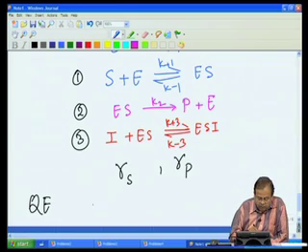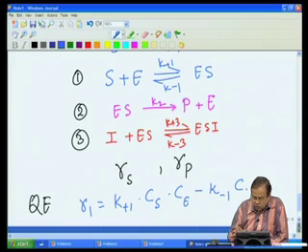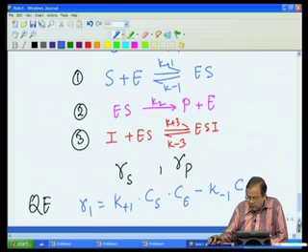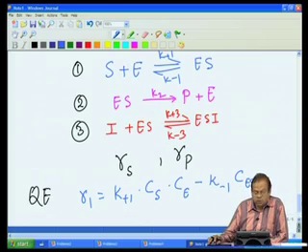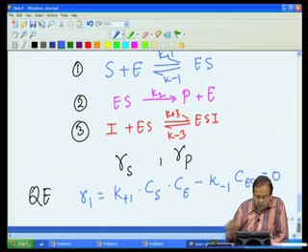So, what is my R1 now? R1, which is k plus 1 into concentration of S into concentration of enzyme minus k minus 1 into concentration of enzyme and substrate, this is equal to 0. Okay.